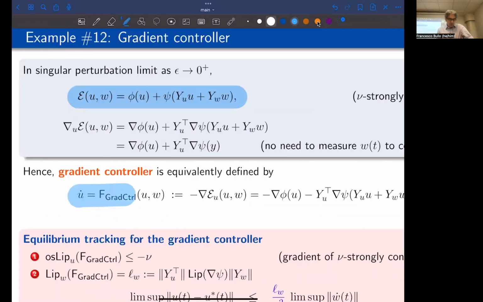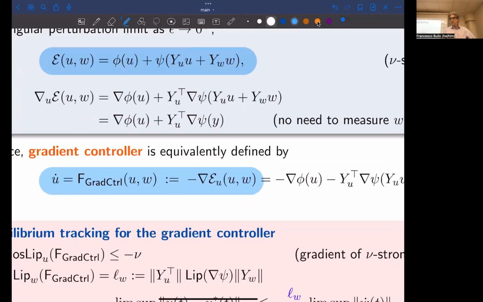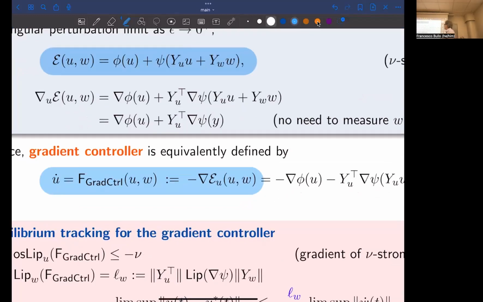Well, if you are unable to guess that I was going to use a gradient flow, then you have not been listening to me for the last 3 days, because I have been speaking about gradients constantly. Why don't you just define a controller, which is a dynamical system? So you're trying to optimize U while the plant is moving around, and you just use gradient descent. It's minus the gradient of the energy.